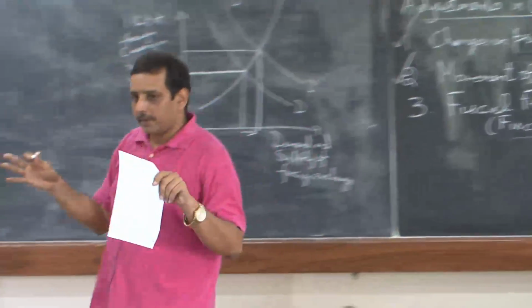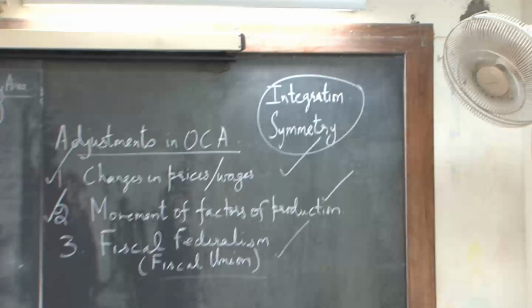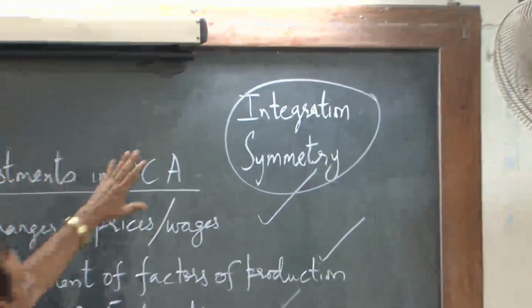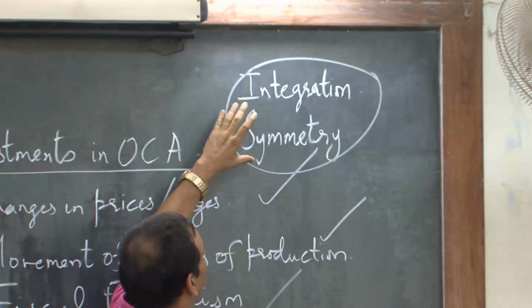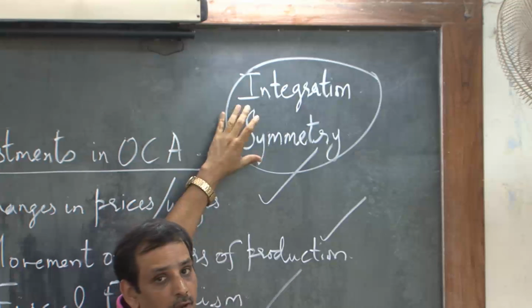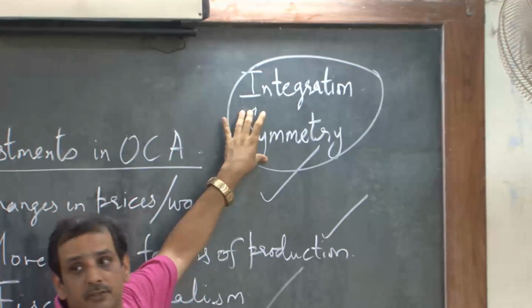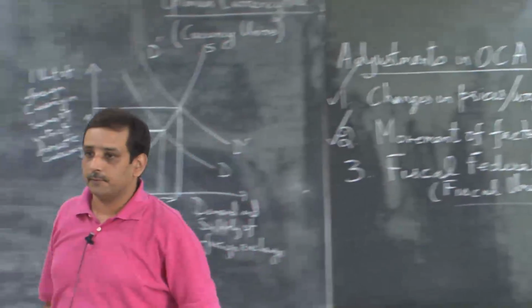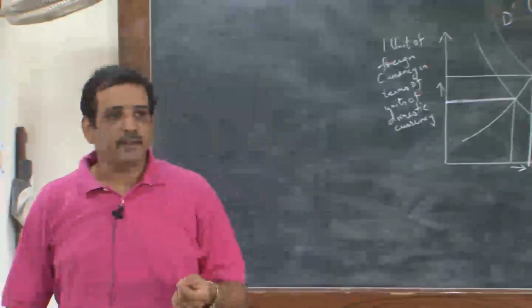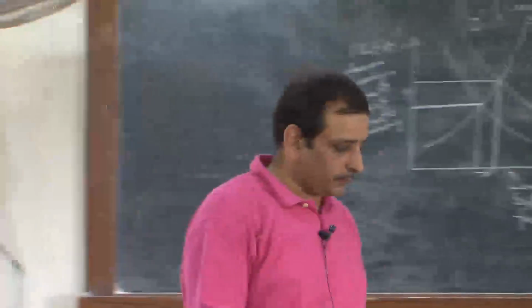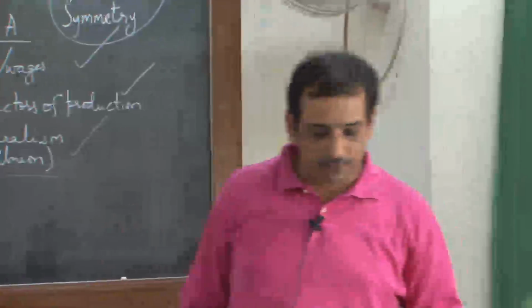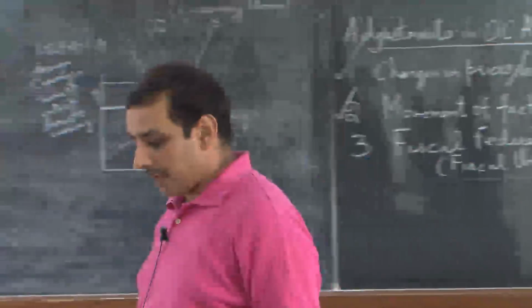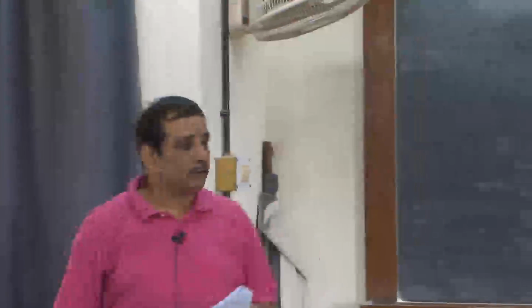So you form a currency union if you are highly integrated with the other regional trading partners, and you have a symmetrical relationship with the other trading partners. Integration can be in terms of, say, one proxy can be the exports to the rest of the region as a percentage of GDP. This is an integration criterion.